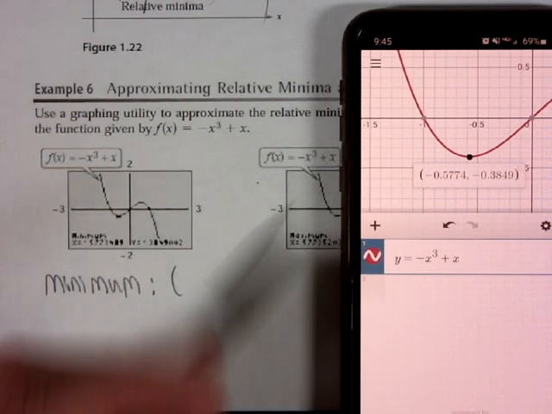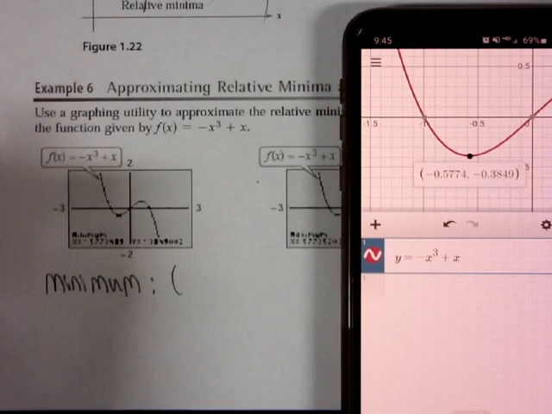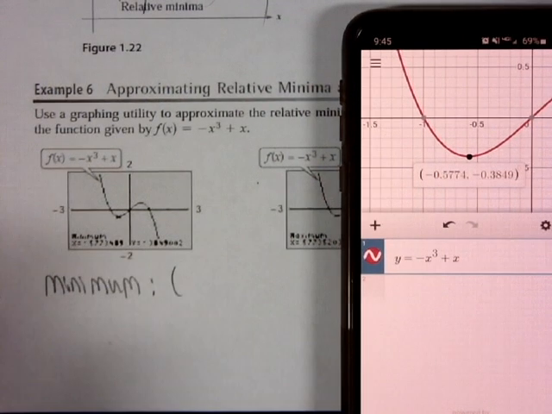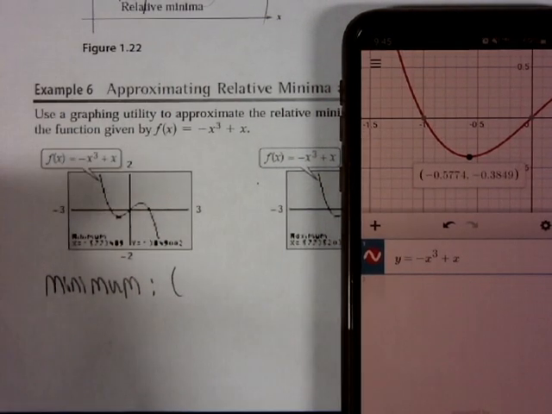This is a really great calculator to have and use. Especially while we are in the online learning environment, until we get back to regular school, I would suggest you download the Desmos calculator for your phone. If you don't have a phone or your phone's not working right now, you can also go on the computer and get it as well. It has a website for the graphing calculators.